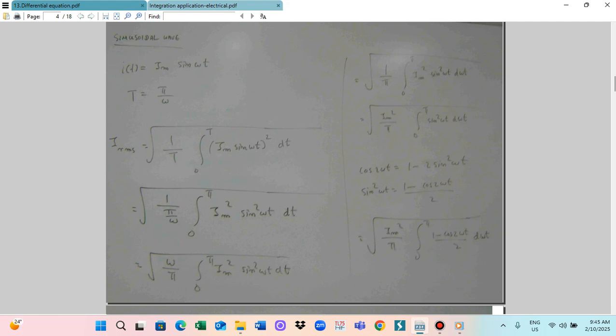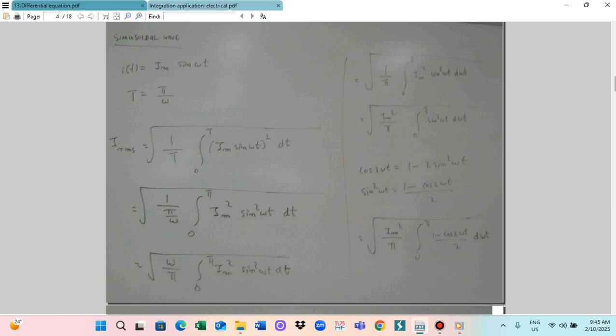In the place of sin squared omega t, you can now substitute (1 minus cos 2 omega t) by 2. So this becomes the integration Im squared by pi, from 0 to pi, (1 minus cos 2 omega t) by 2, d omega t.